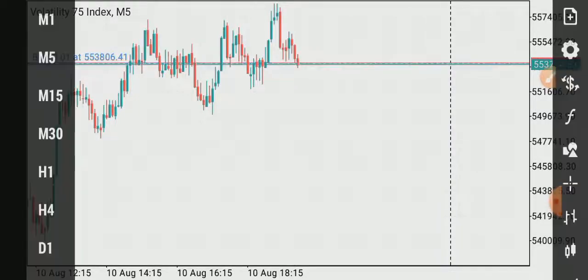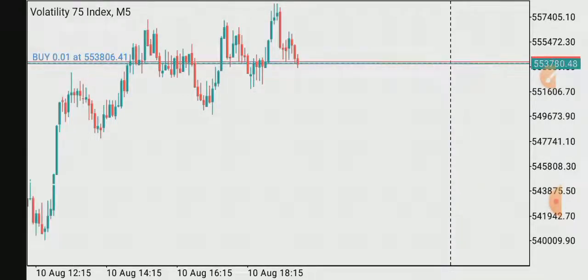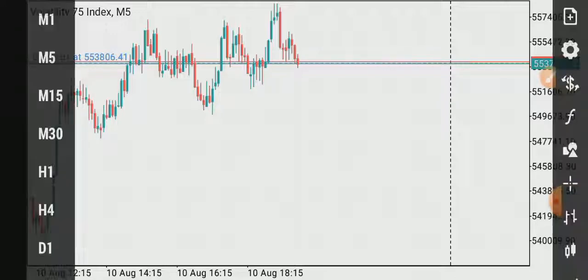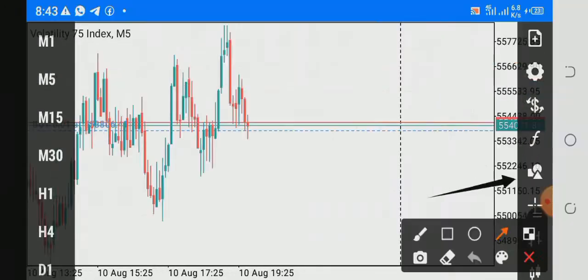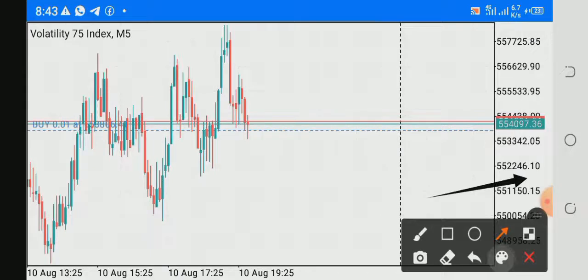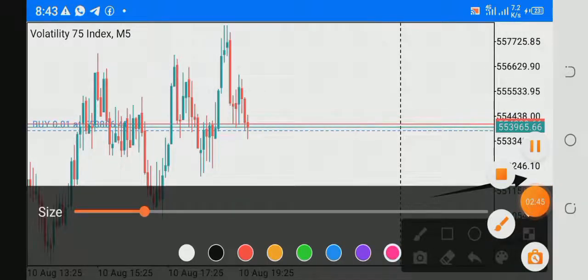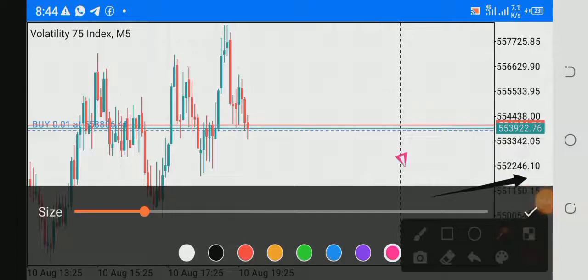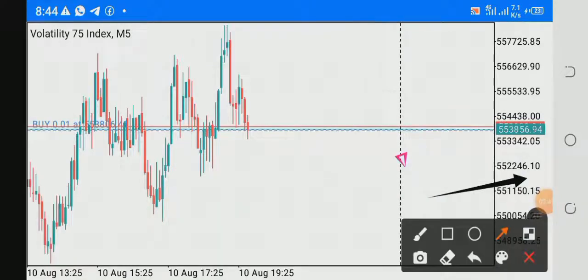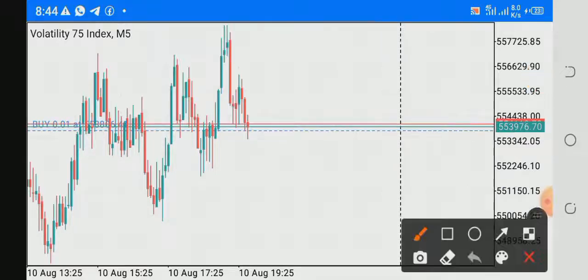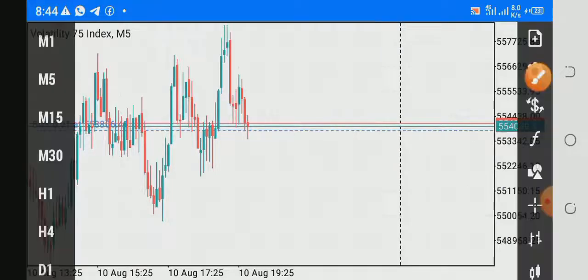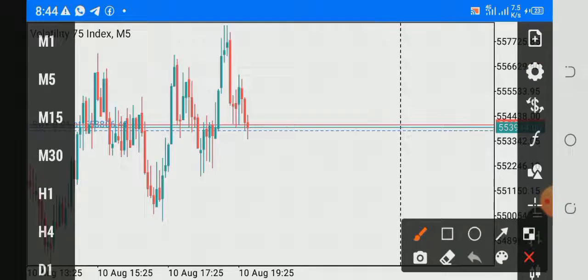Now, for you to draw your support and resistance, you can find your line tool on this icon here. Let me change the color. All right.